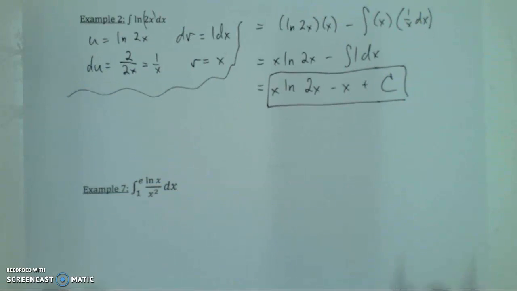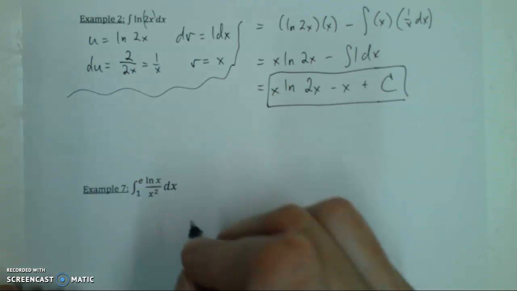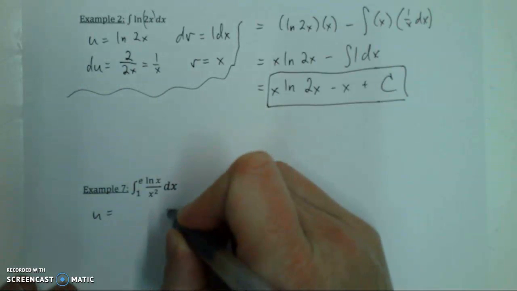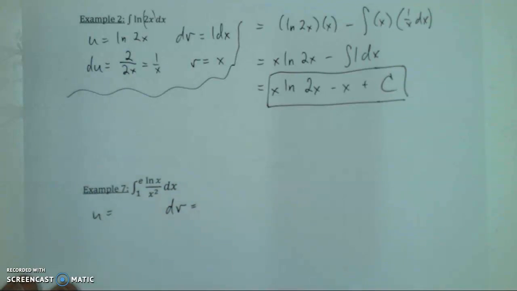Let's do one additional problem. Now this one does also have bounds, so I will be able to check it with my calculator, but let's see if I can do it by hand. Now, I have division. My rule doesn't have division in it. So I might have to get a little bit creative with this. We know the natural log is going to be part of the u.